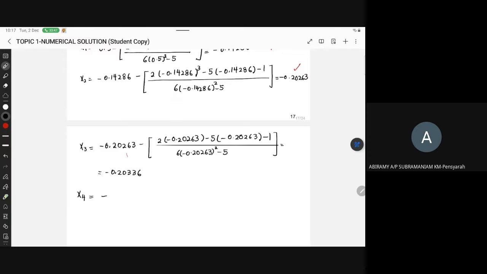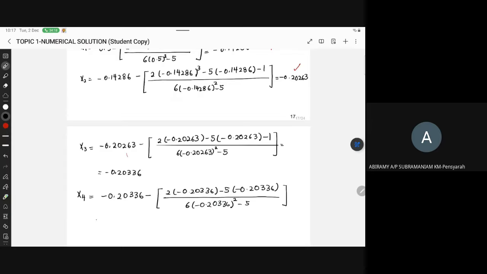For x4, we are going to use x3, negative 0.20336, minus 2 times negative 0.20336 cubed, minus 5 times negative 0.20336, minus 1, divided by 6 times negative 0.20336 squared, minus 5.